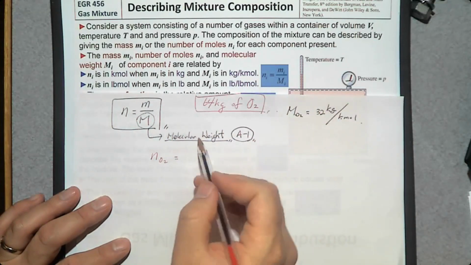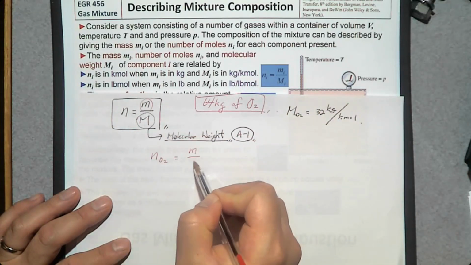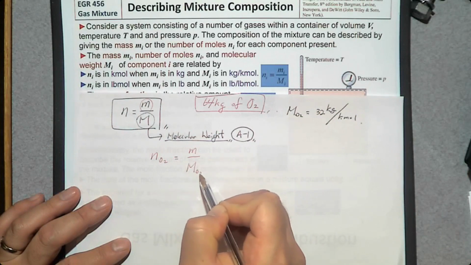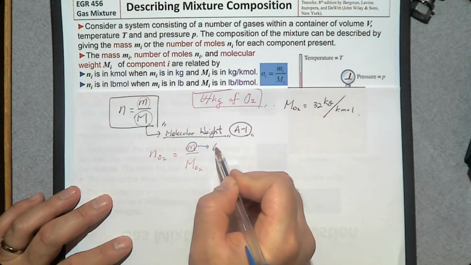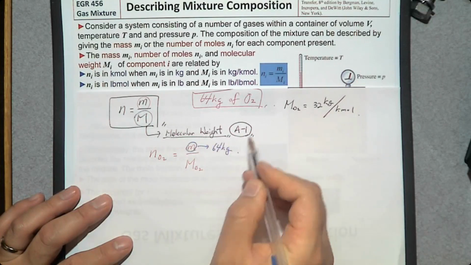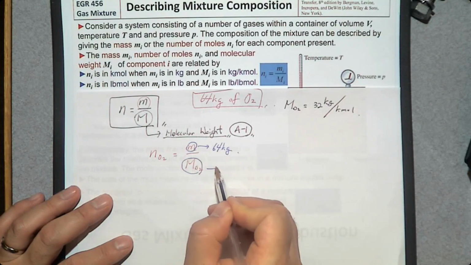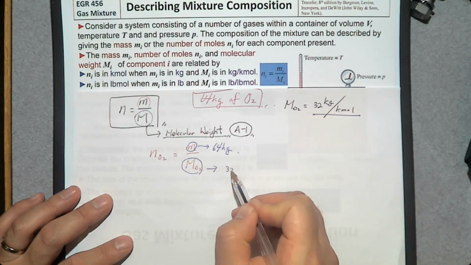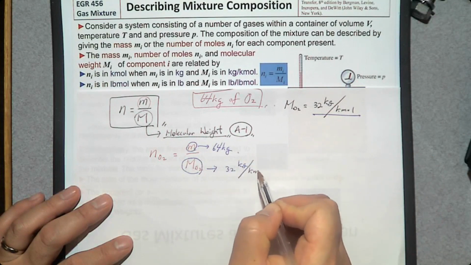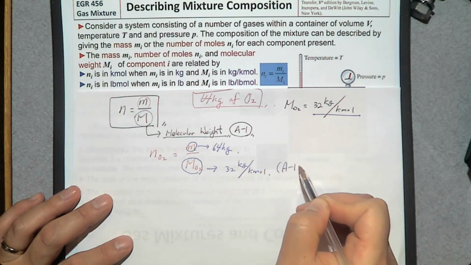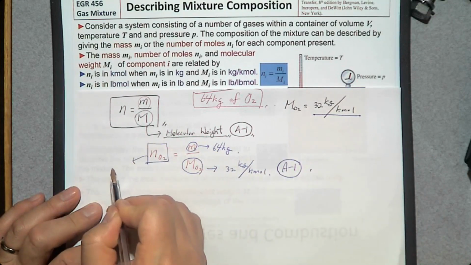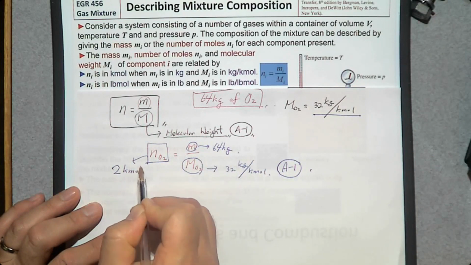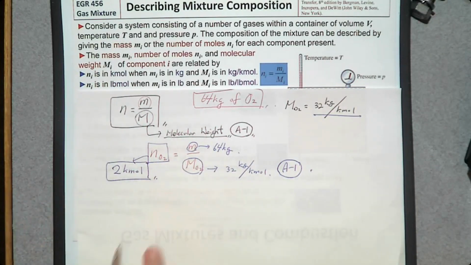It's simple. You have m over molecular weight of oxygen. So the mass of this oxygen is 64 kilograms, and the molecular weight from table A1 is 32 kilogram per kilomole. So the number of moles in the system is going to be 2 kilomoles. Very simple, right?